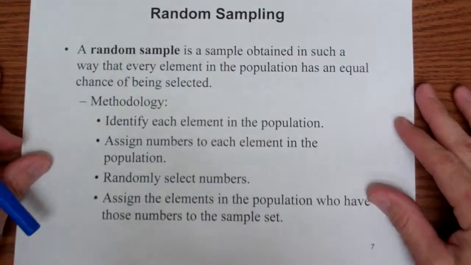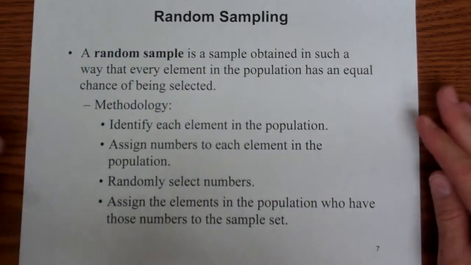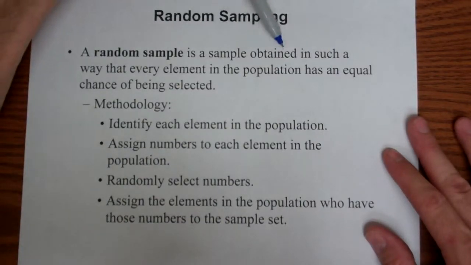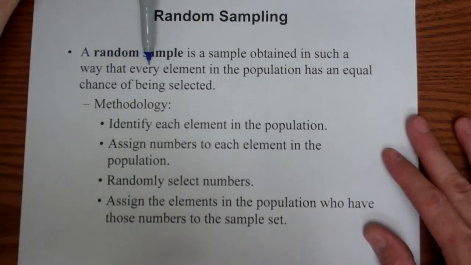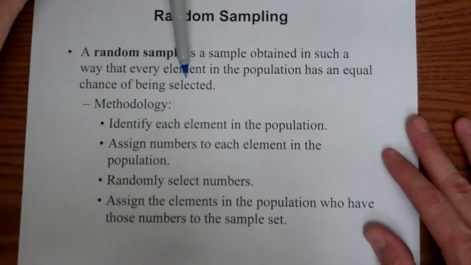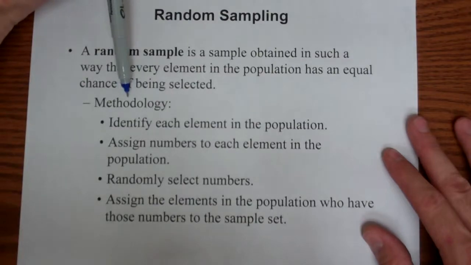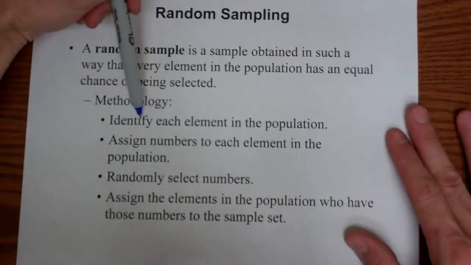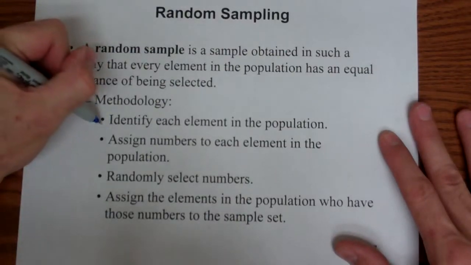So how can we make it a good sampling method? Well, we want a random sample. A random sample is a sample obtained in such a way that every element in the population has an equal chance of being selected. So the methodology that you use for a random sample, simplified obviously, is identify each element of the population.